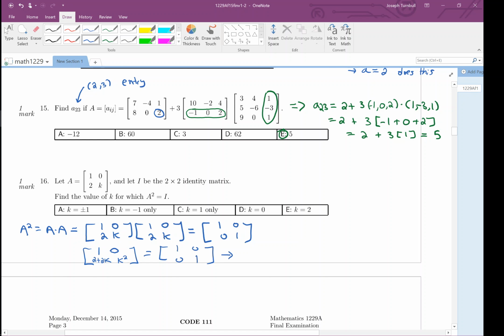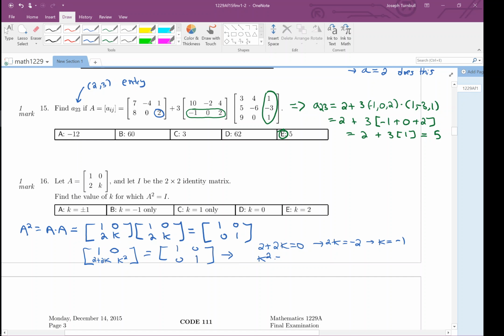So we have two requirements. We need 2 plus 2k to equal 0, the bottom left to equal the bottom left. That means that 2k is equal to negative 2, subtract 2 from both sides, which means k is equal to negative 2 over 2, which is negative 1. We also need the bottom right to equal the bottom right.